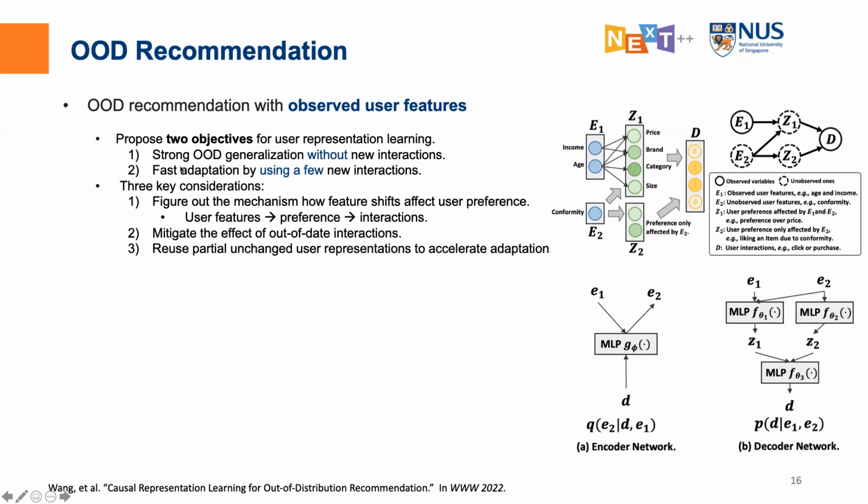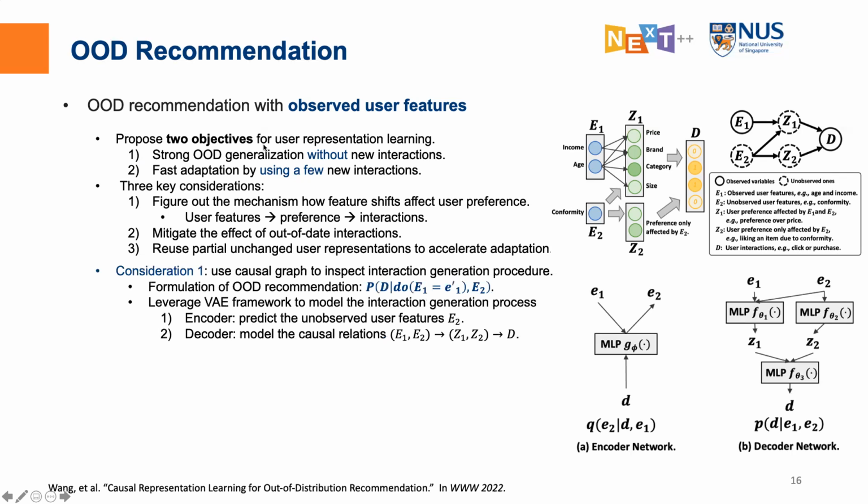One is strong OOD generalization without using new interactions: if the user feature changes in a new environment and we have no new interactions, we just use the observed user features to infer the latest user preference and interactions. The second is fast adaptation: in a new environment where the user feature has changed, we can use only a few new interactions to achieve better performance.